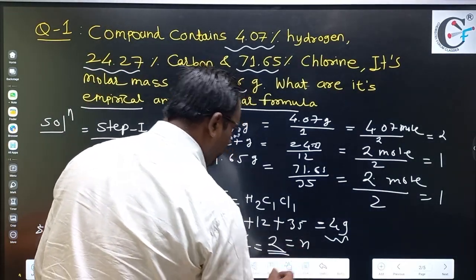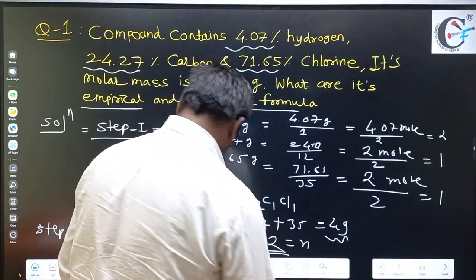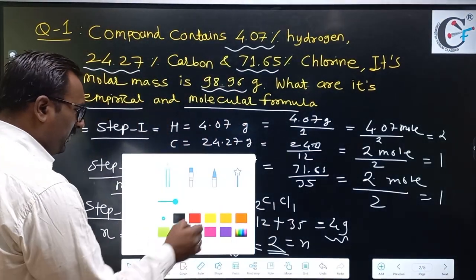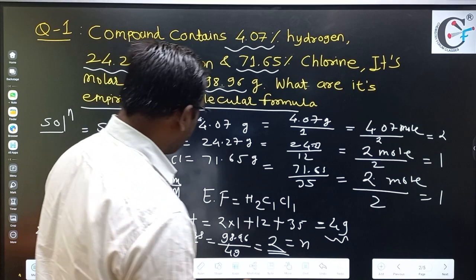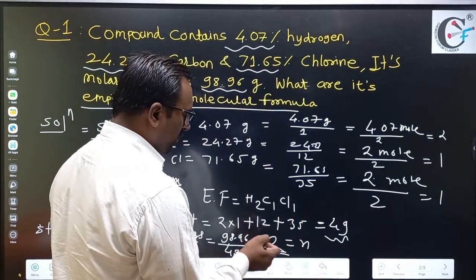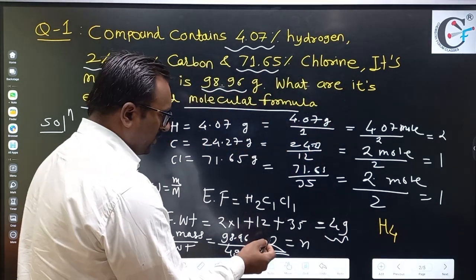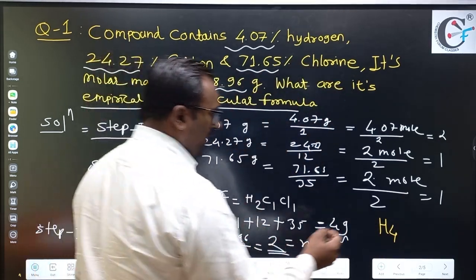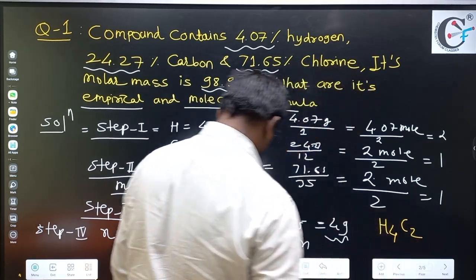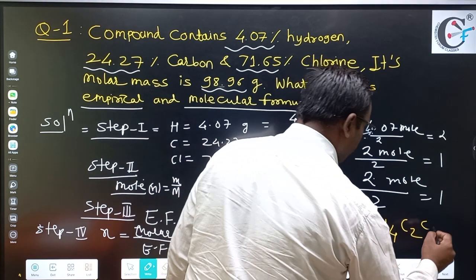As n is equal to 2, multiply the n factor with the empirical formula. So our molecular formula will become, see here, hydrogen will become 2 into 2, it is 4. Then 2 into 1, we have 2 carbon, C2. And chlorine, 1 into 2, we have 2.